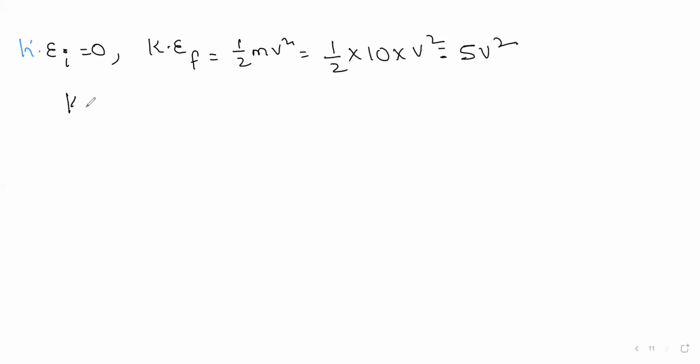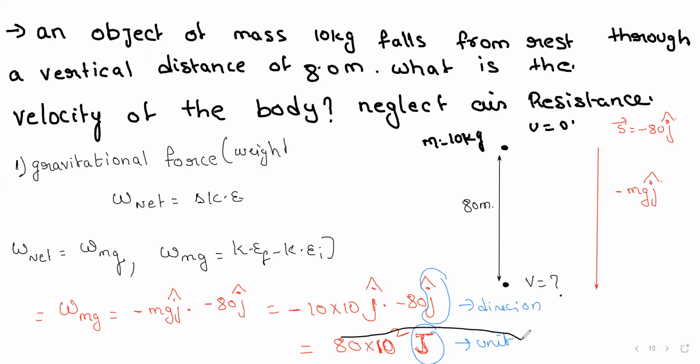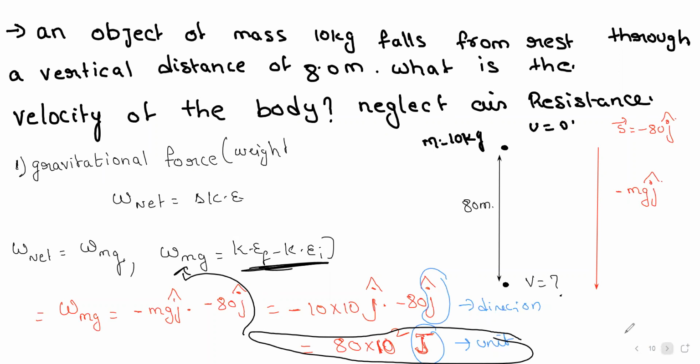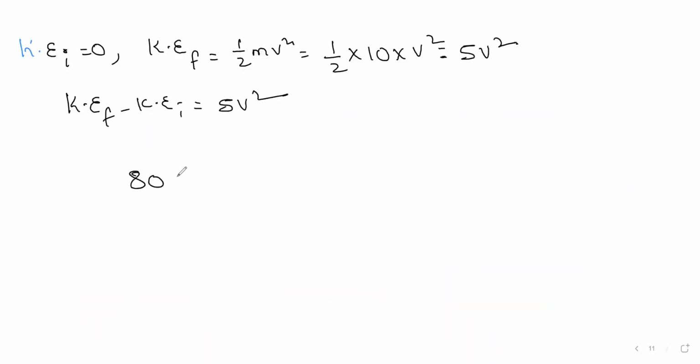So what is KE final minus KE initial? 5v square. So I got work done by mg as this much, and I have to substitute this here. So I get 80 into 10 power 2 is equal to 5v square. Can anyone find v?